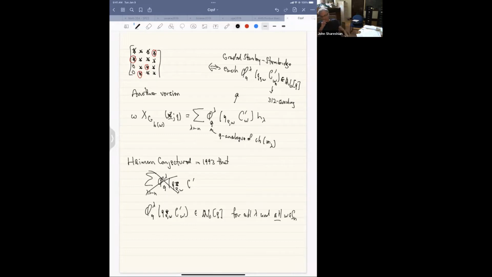So that's more general, right? We only need the 312 avoiding W's to prove the graded Stanley-Stembridge, right?